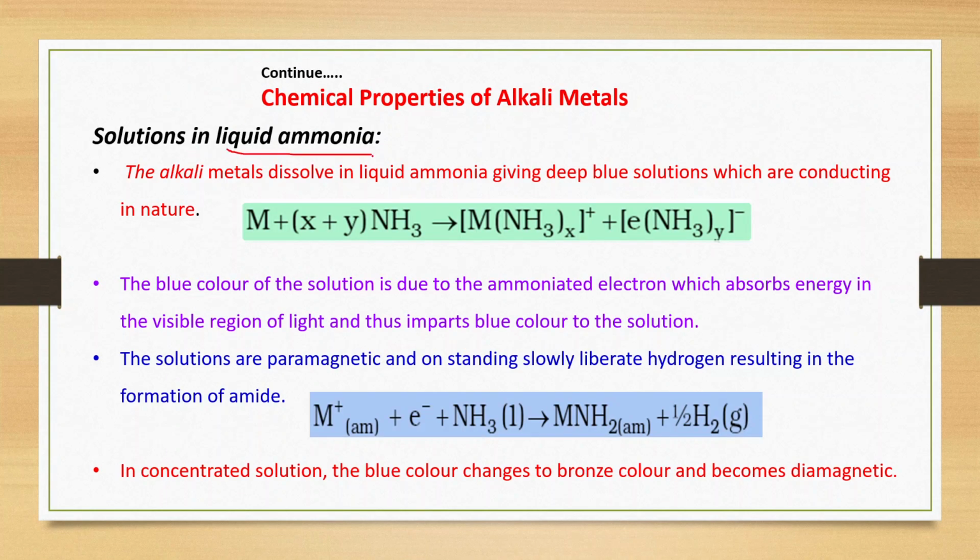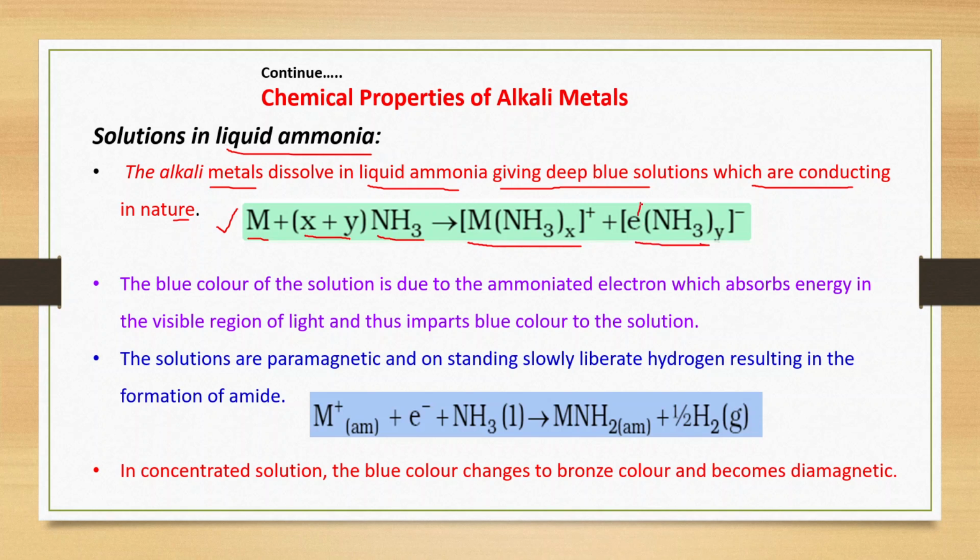Solutions in liquid ammonia. The alkali metals dissolve in liquid ammonia, giving deep blue solutions which are conducting in nature. The reaction can be represented like this. This M is the alkali metal, and this is ammonia. Its x and y moles are reacting, and these species are formed.